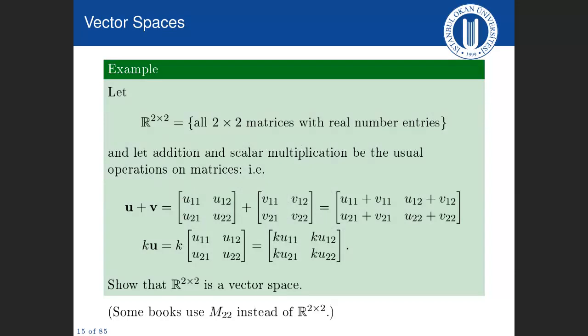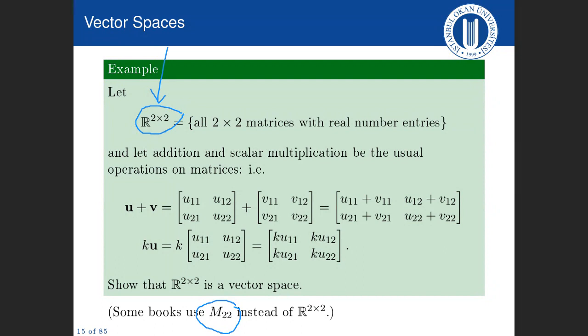Another example, let R to the power 2 by 2 be the set containing all 2 by 2 matrices with real number entries. There are different ways of writing the set. Some books use the notation capital M 2 2, so capital M for matrices and then subscript 2 2 for 2 by 2 matrix. I prefer the notation R to the power 2 by 2 because it's similar to R2 or R3 or R4.